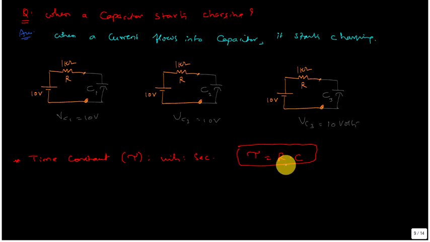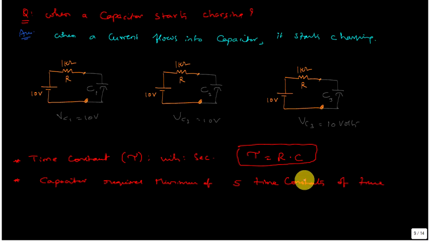Resistance will be in kilo ohms, capacitance will be in farads, so the multiplication results in seconds, tau. Capacitor, this is very important, requires a minimum of 5 time constants of time to reach the final value.